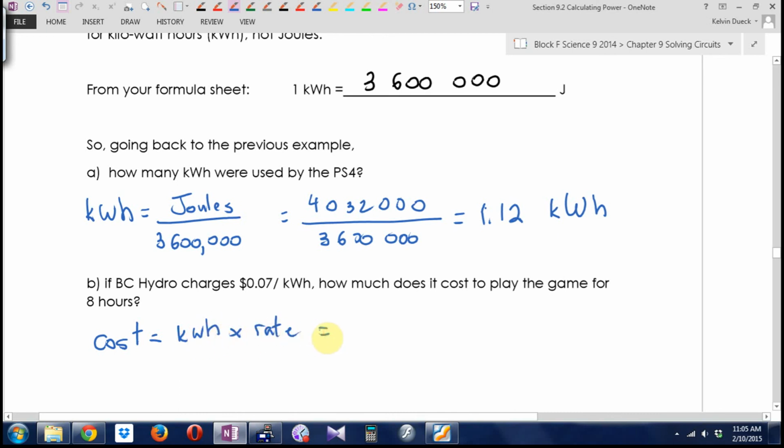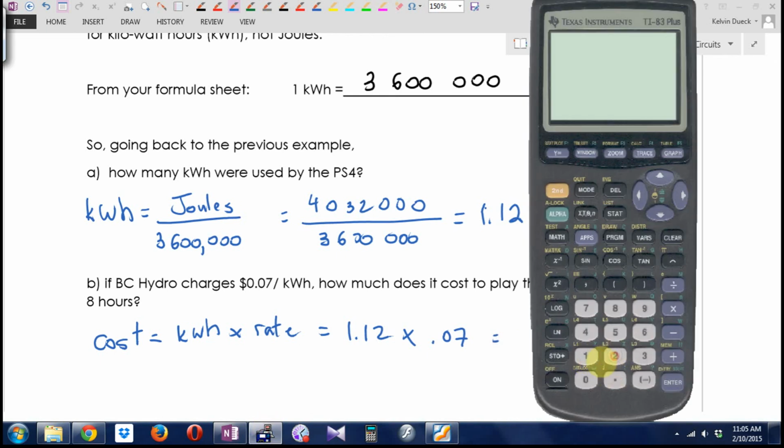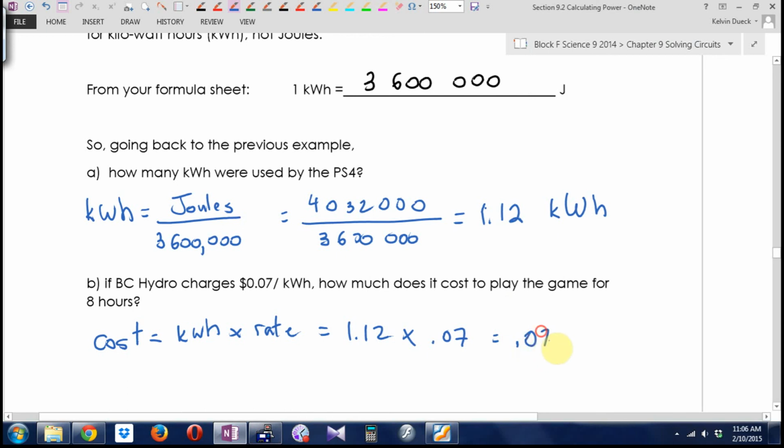So how many kilowatt hours was this game using playing for 8 hours? 1.12 times 0.07. About 8 cents.